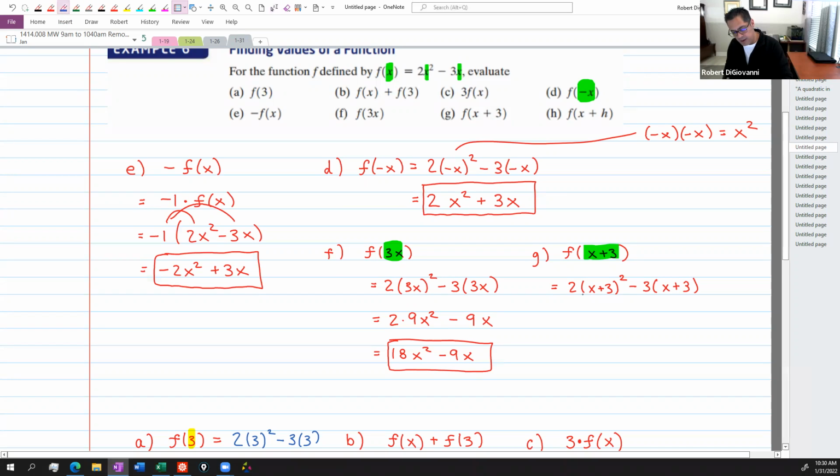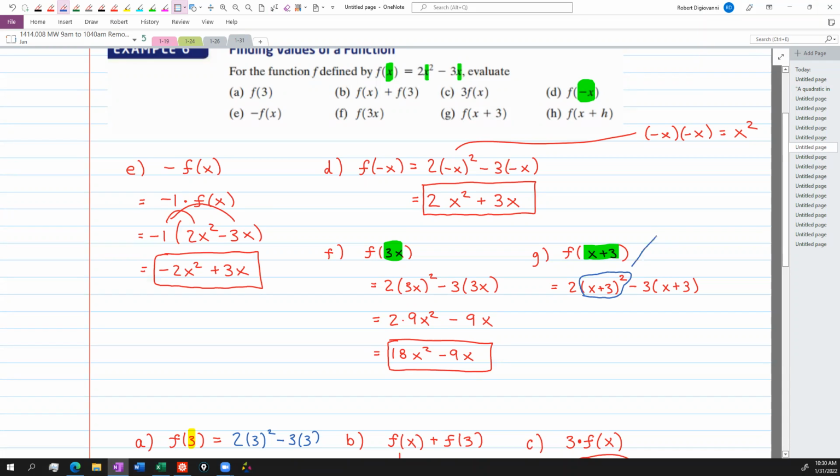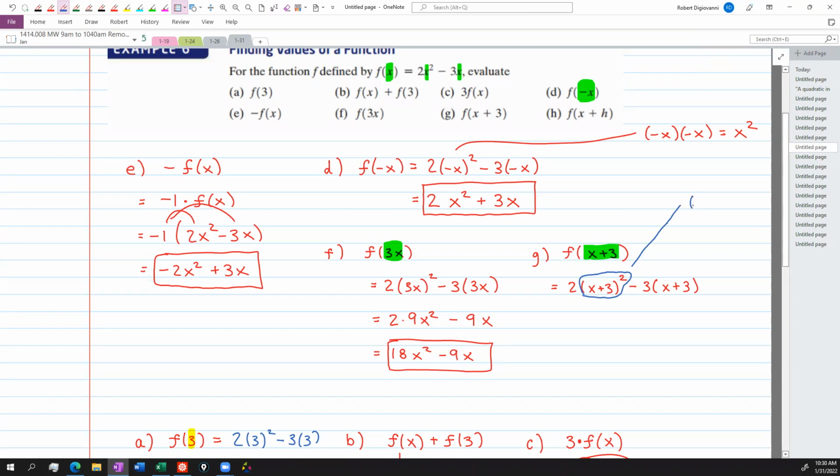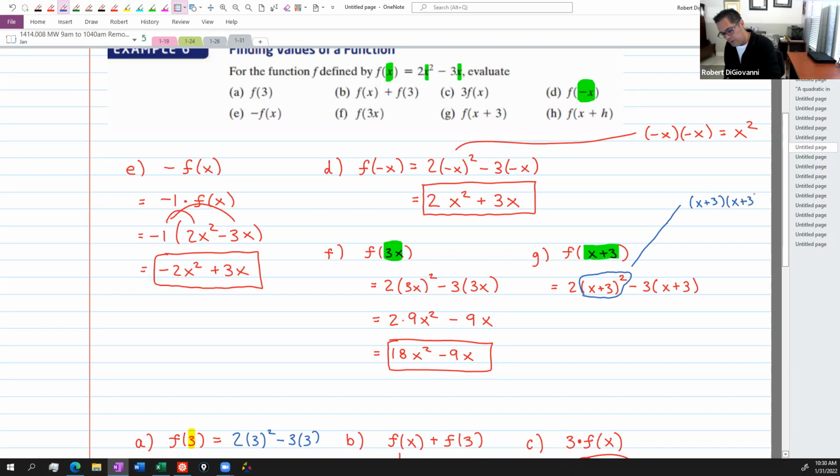Okay, so you're going to take care of this right here. And just out of curiosity, is that something that you can do in your head, or do you need to write it down on the side? I kind of have to write it just because I get like confused. That's fine. I'm just curious more than anything else. So you're going to do x plus 3 times x plus 3. And go ahead and do that. Tell me what you get here. Just take me step by step through it.